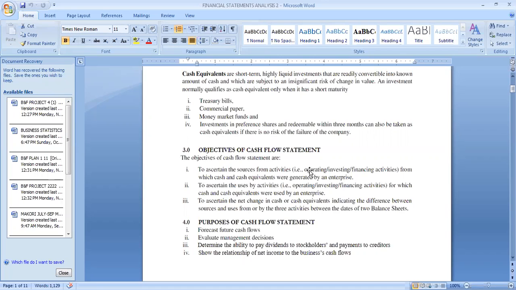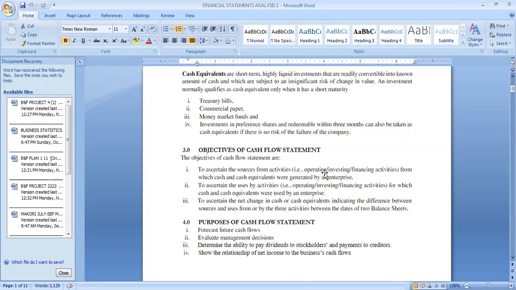So we are going to have them as operating activities. Investing activities normally revolve around the fixed assets. When you are buying a fixed asset, you are spending cash. When you are selling a fixed asset, you are receiving cash. So investing activities are either the sale of a fixed asset or the buying of a fixed asset.